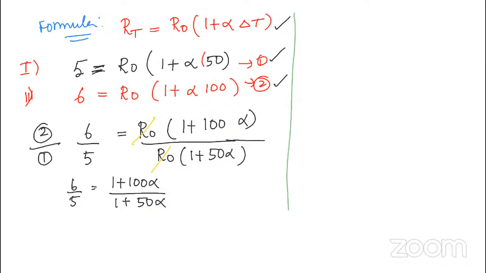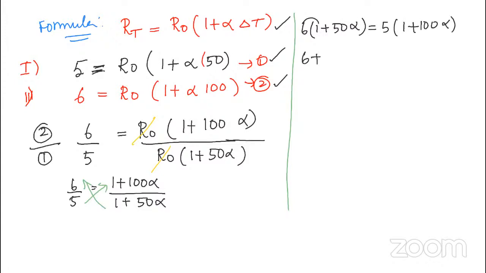Let us now cross multiply. So cross multiply: 6 into 1 plus 50 alpha is equal to 5 into 1 plus 100 alpha. Multiply this out.